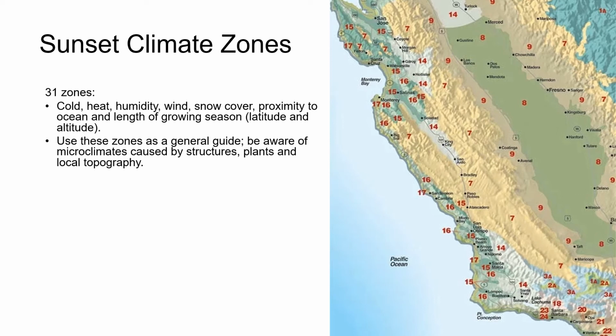Use the Sunset system as a general guide to our larger climate zones, but be aware that there are many local microclimates created by structures, plants, and local topography, and microclimates on individual sites too. These can be evaluated by doing a site analysis or evaluation that will help us in our plant selections.